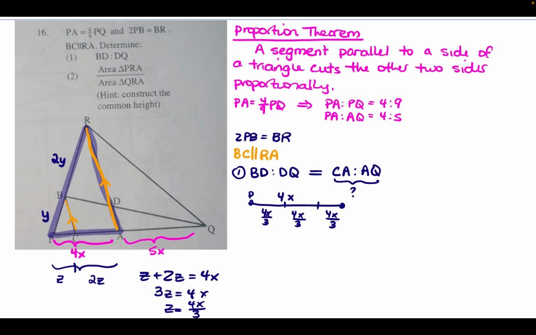So if this is PA, and C is right here, we now know that the ratio CA to AQ is going to be 4x over 3 to 5x, which we can simplify to 8.